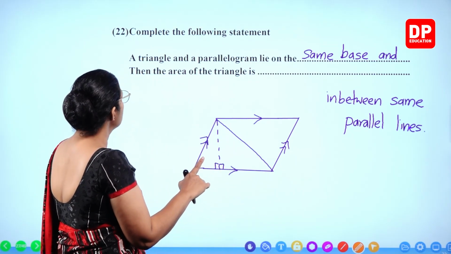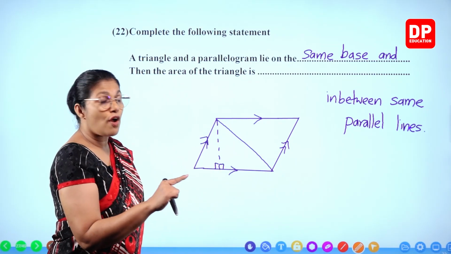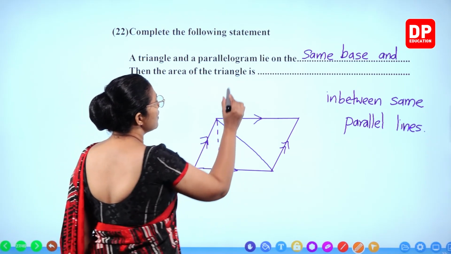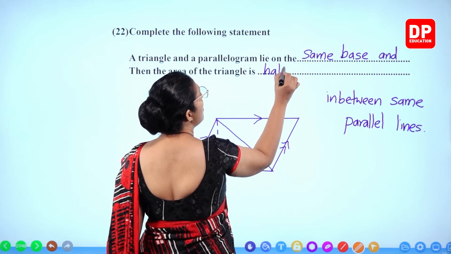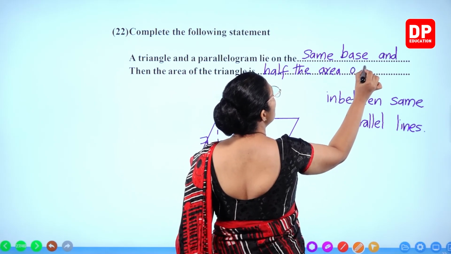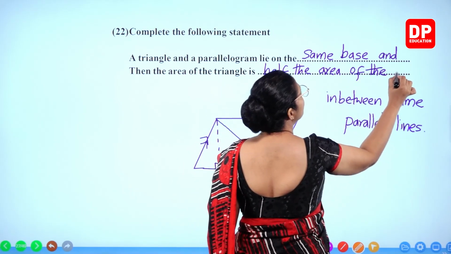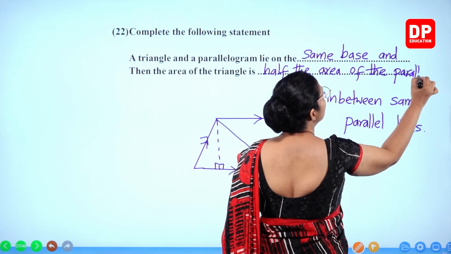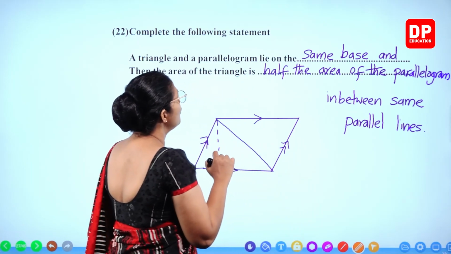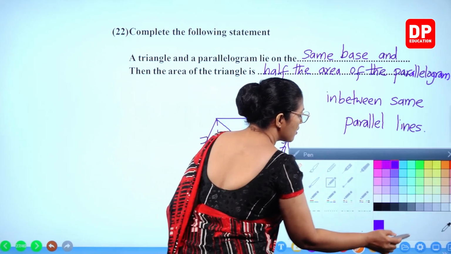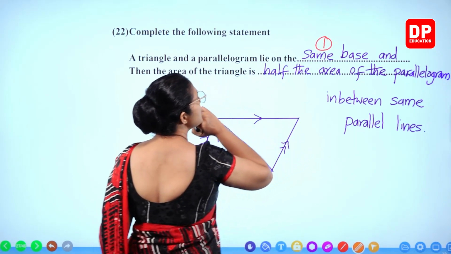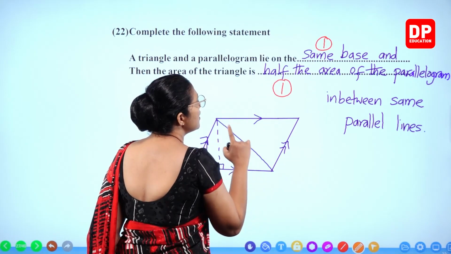If this happens, then the area of the triangle is half the area of the parallelogram. So you get 1 mark for each space. So 1 mark for writing this and 1 mark for writing this space.